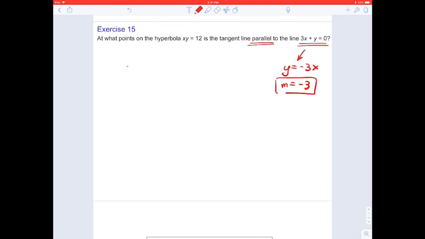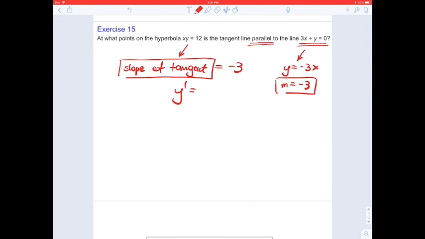That means I want the slope of the tangent, since they have to be parallel, to be negative 3. I also know that the slope of the tangent to the hyperbola is simply a derivative. That means the derivative must be negative 3.